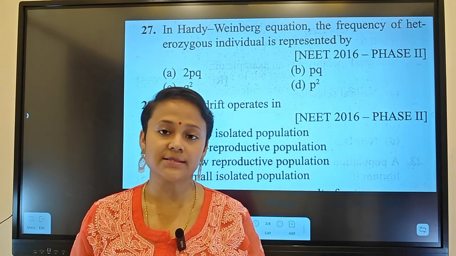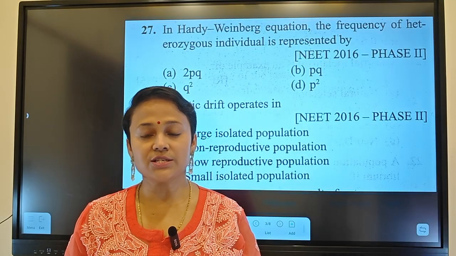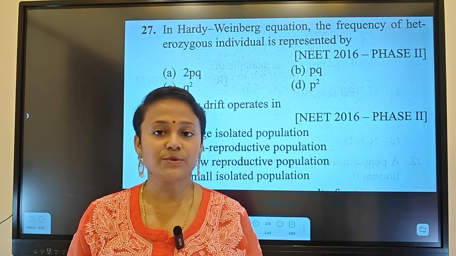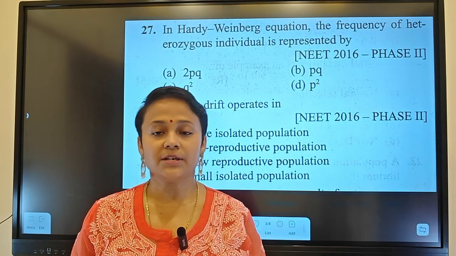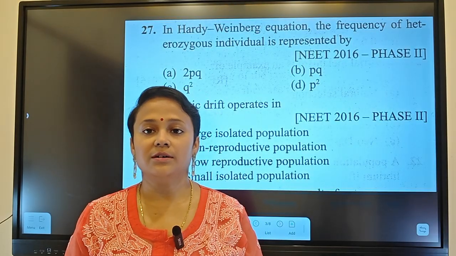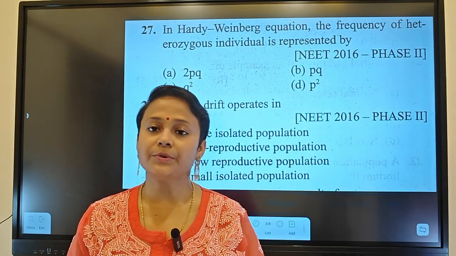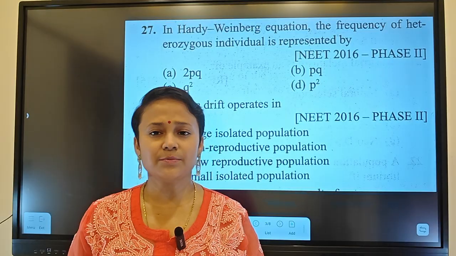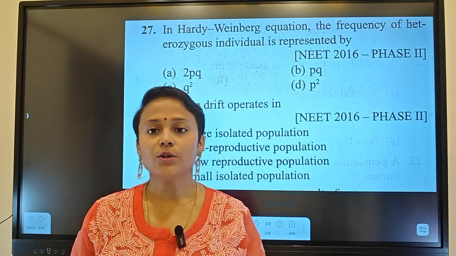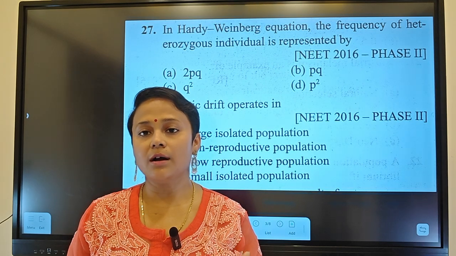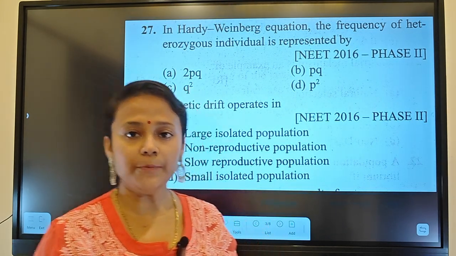There are some factors like genetic drift, gene migration, genetic recombination, natural selection, and mutation. First you clear the concept, and then you come to the numerical problems. So I have chosen some PYQs and some new questions which will help you to have a clear understanding of the concept. Okay, so let's start.